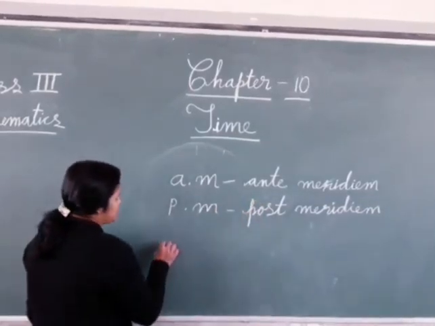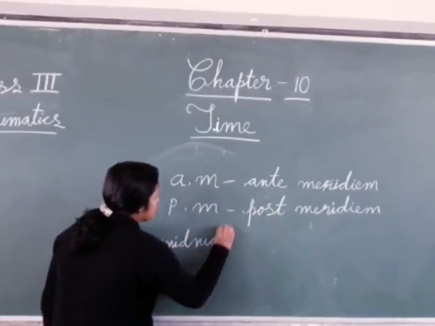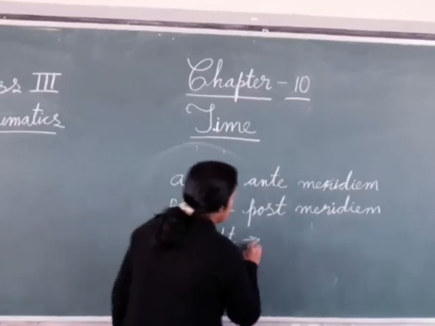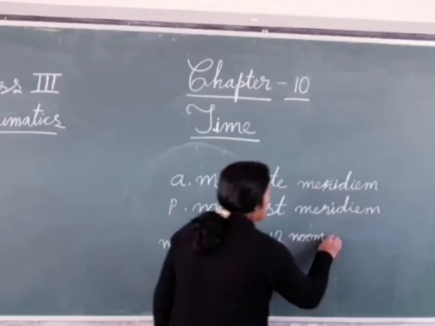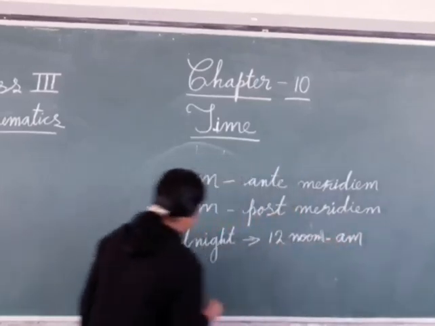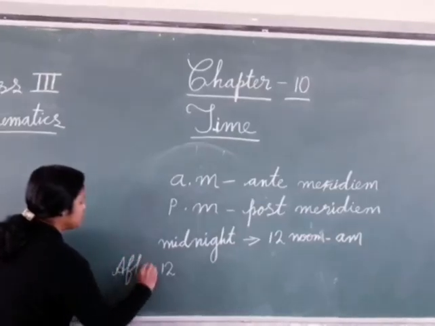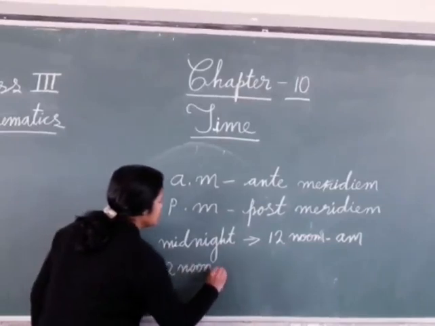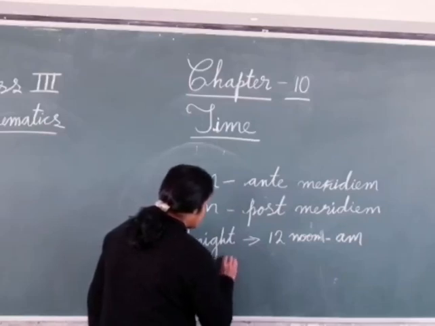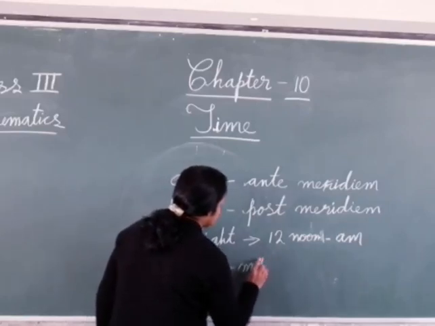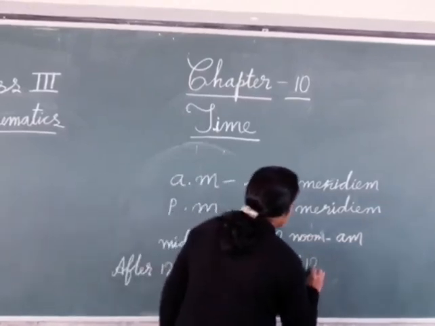So midnight to 12 noon is AM, and after 12 noon to midnight 12 it is PM.